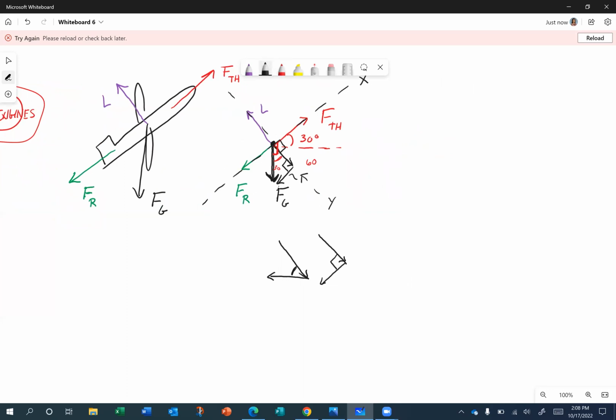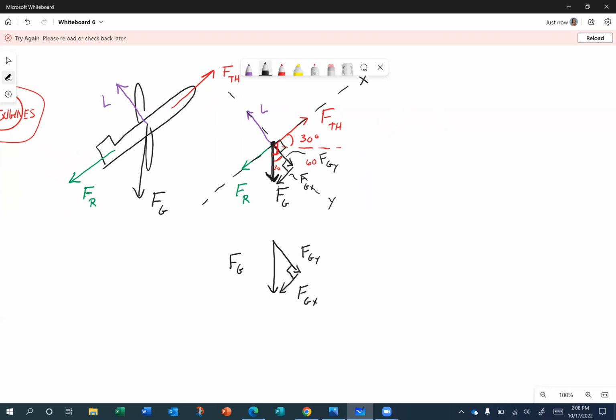This is going to be FGX, and this is going to be FGY. And I can see using my trig, I have FG acting down. Let me write that on this side. I have an FGY and an FGX.